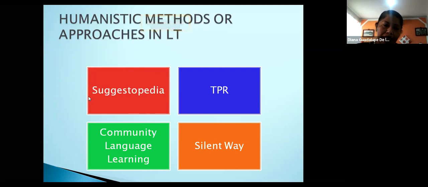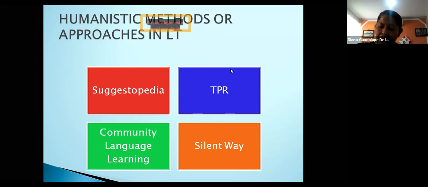Suggestopedia is based on the idea that language learning is reached when students have a relaxing and adequate atmosphere that has to do with visual aids, with some music, with not having the teacher correcting every single mistake, and with promoting the learning of a language by using several materials that might be useful for students, especially readings that are interesting, storytelling, songs, that kind of thing.